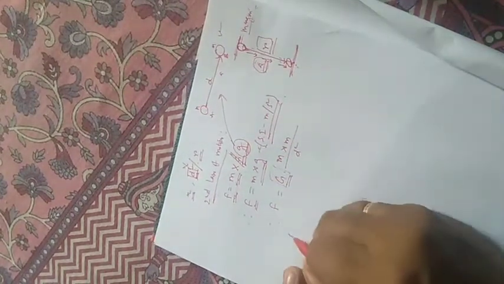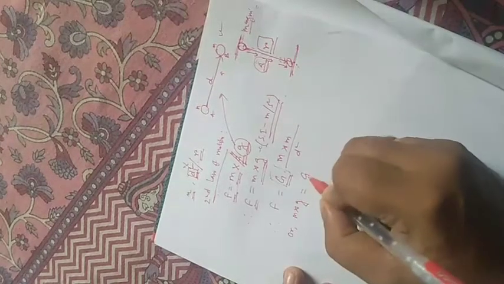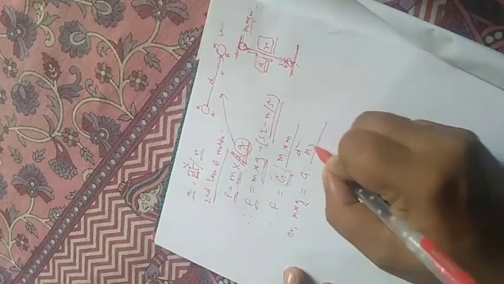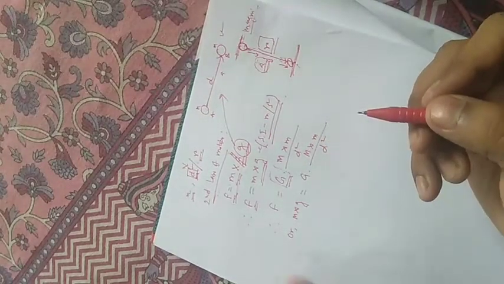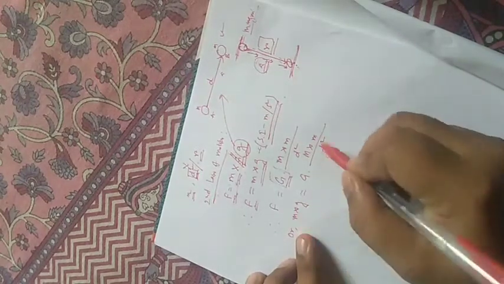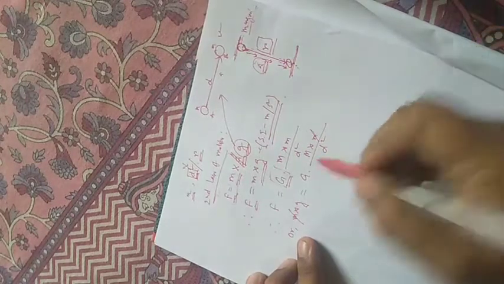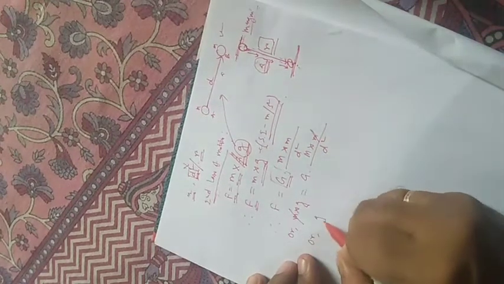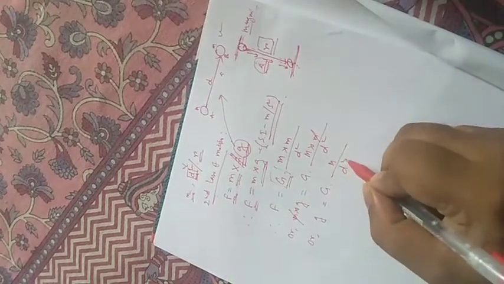So easily we can write here, m into g equal to capital G into capital M into small m by d square. Can you write? Yes, of course we can write. Now from here, look, here is also small m, here is also small m, so we can easily cancel them from both sides. So what will come? It will come as small g equal to capital G into capital M by d square.